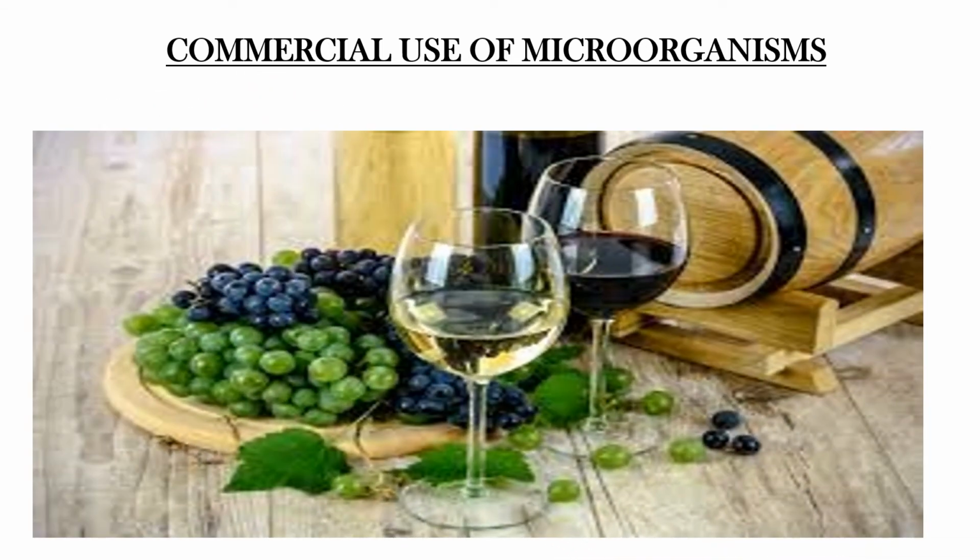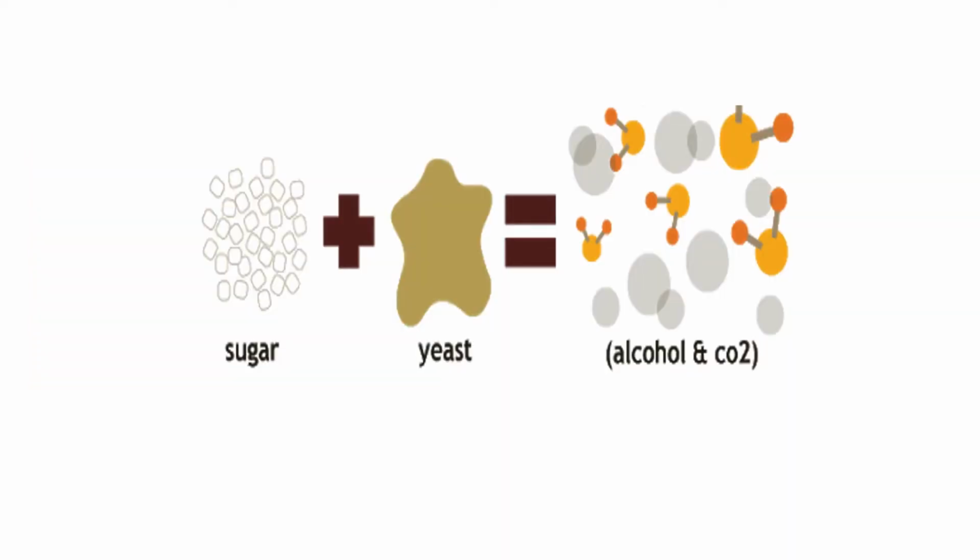Microorganisms are also used for the production of alcohol, wine and acetic acid on a large scale. Here actually yeast is used for the production of alcohol and wine. Yeast acts upon the sugar present in the grains like barley, wheat, crushed fruit juices and helps in converting the sugar into alcohol and carbon dioxide.